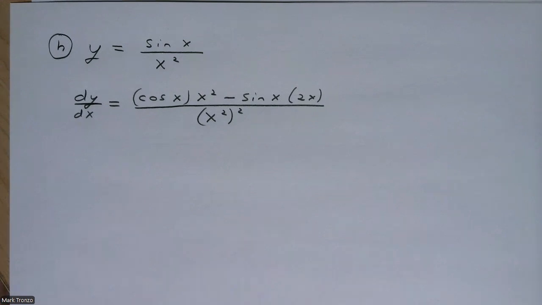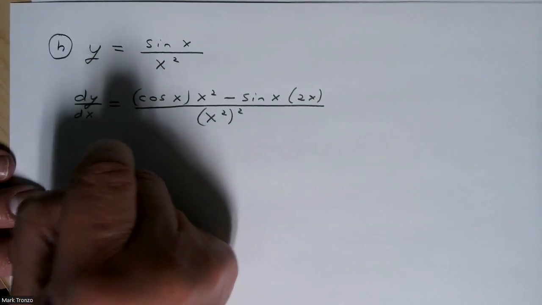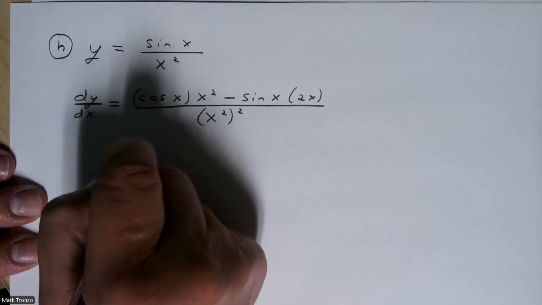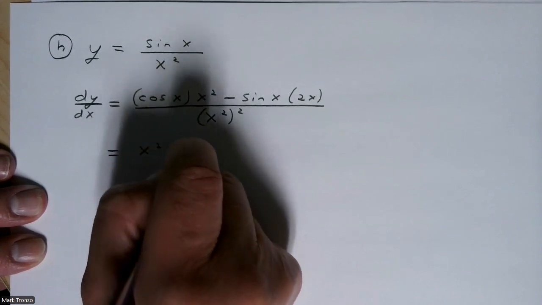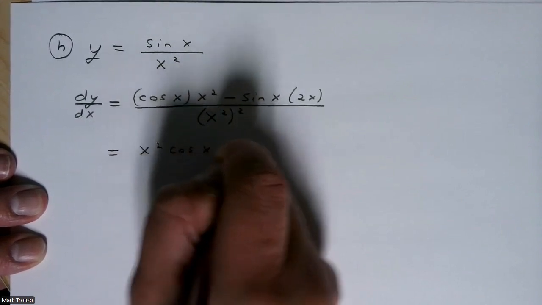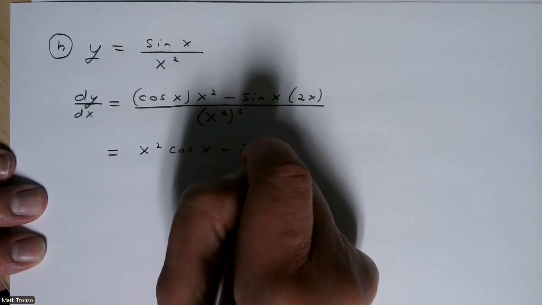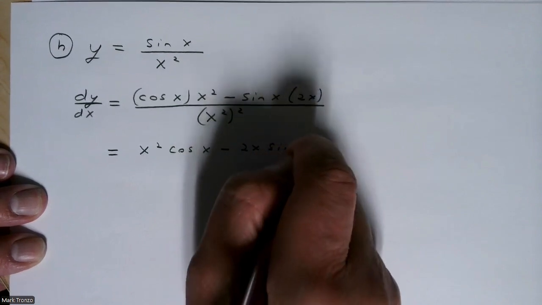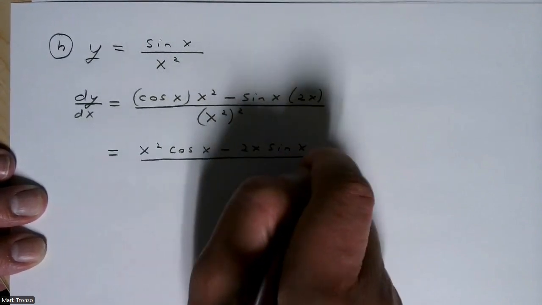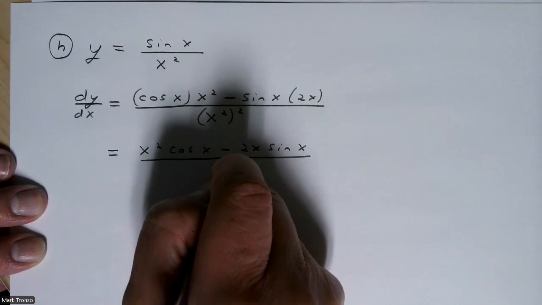And let's see if we can simplify this at all. I think we can a little bit. Let me bring the x squared up front so we don't get confused, and same with the 2x, so bring that up front, divided by x to the fourth.